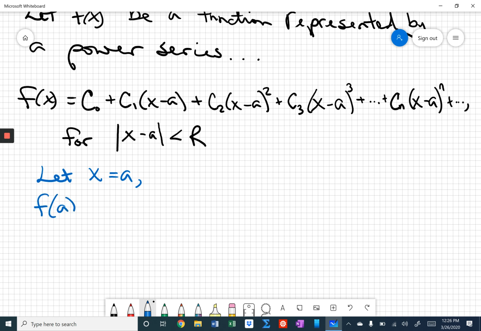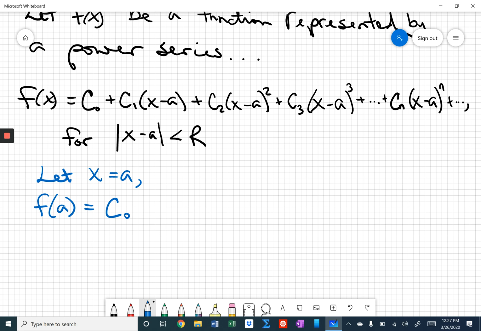Well, over here, of course, I get f of a, and then on the right-hand side, well, c sub 0 is still there, but c sub 1 is going to be multiplied by a minus a, which of course is 0, and then c sub 2 is multiplied by a minus a squared, which is still 0, and all the terms after that are going to be 0. So very conveniently, our constant here is just f of a, whatever our original function is, evaluated at the center. And that's our first coefficient, the constant, if you will, of our power series.